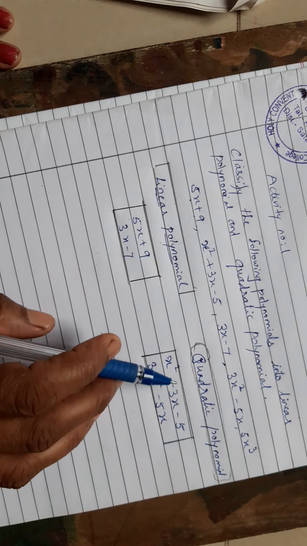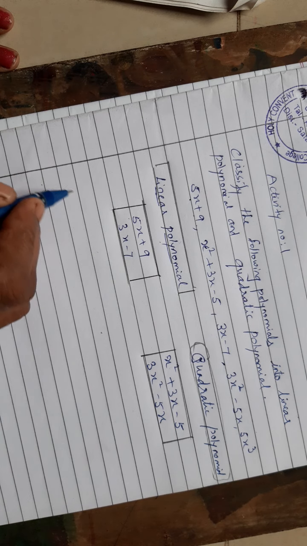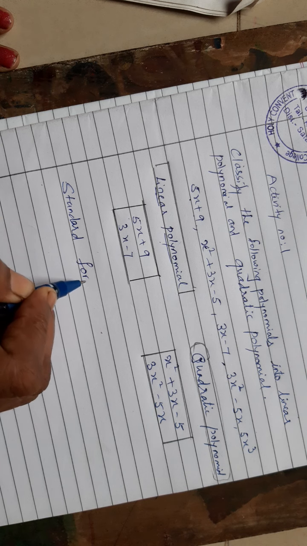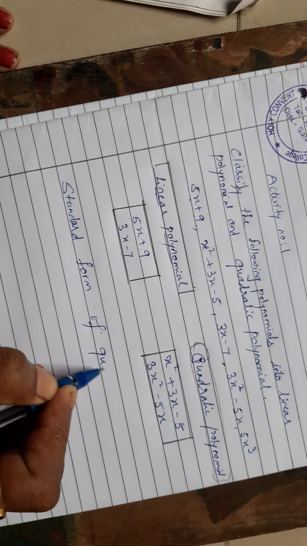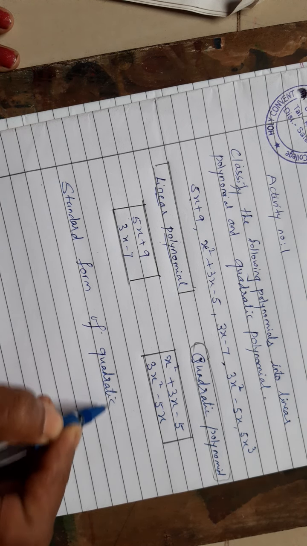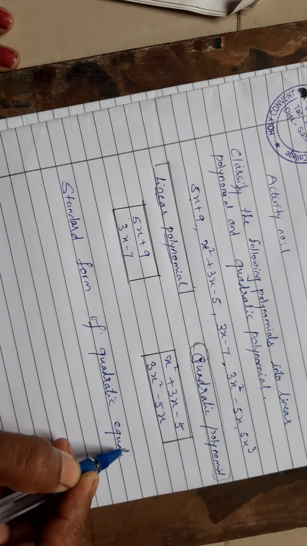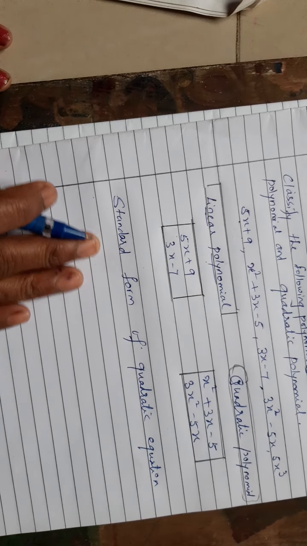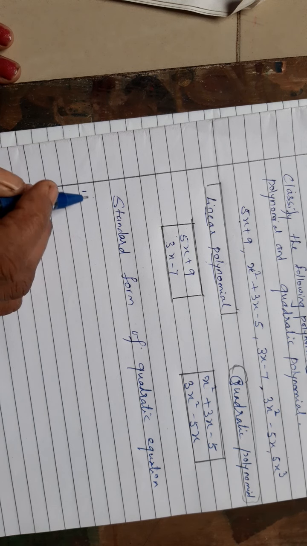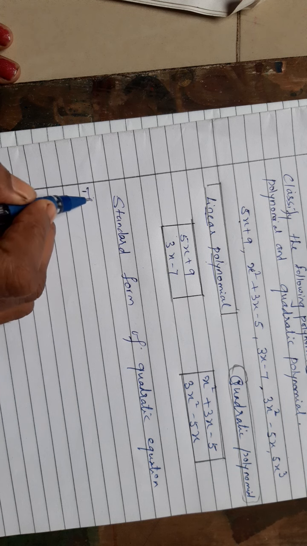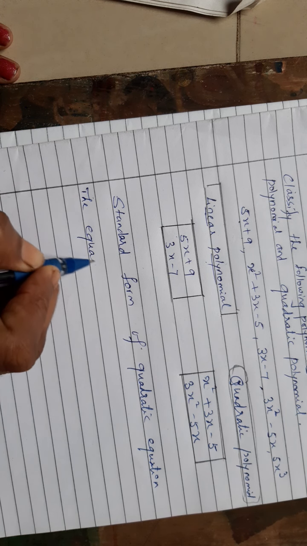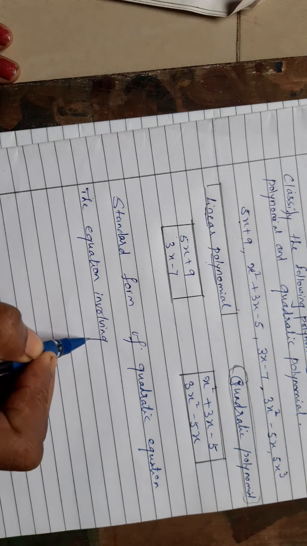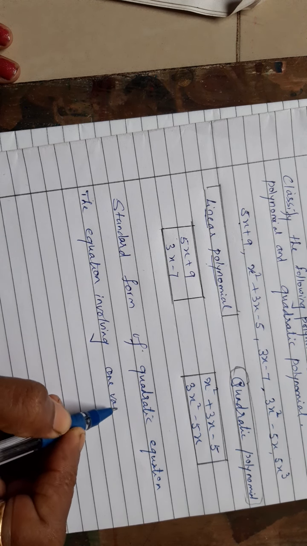Now we are going to write the standard form of quadratic equation. Let us see what the standard form is. The equation involving one variable, this is important.